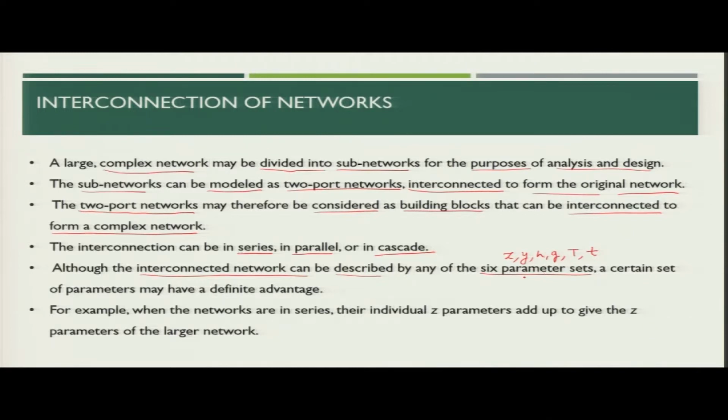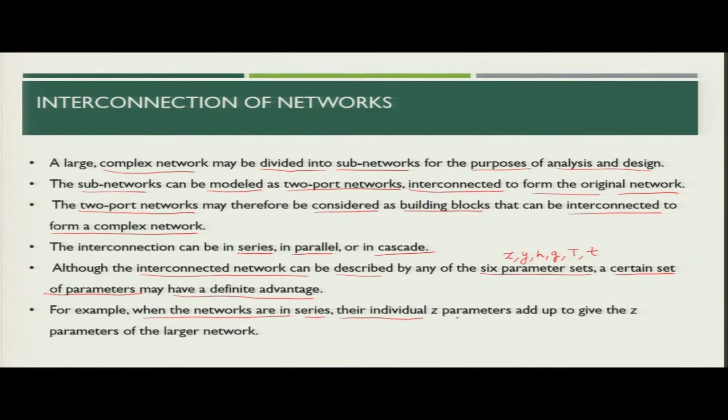Now, we can describe any interconnected network with the help of these 6 parameter sets, but there are certain sets of parameters which may have a definite advantage. How? Suppose the sub networks we have created are in series.